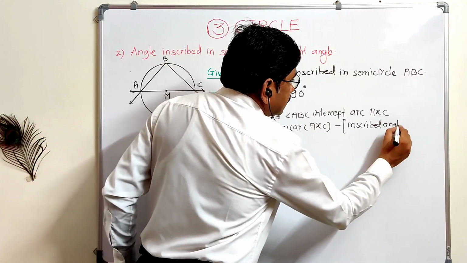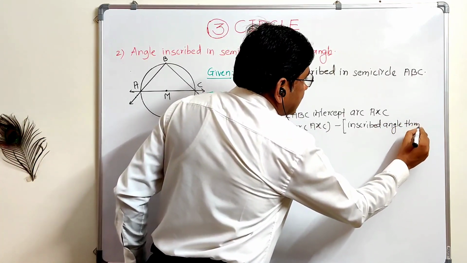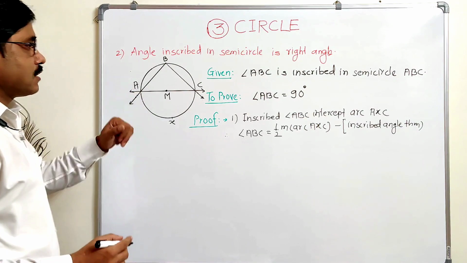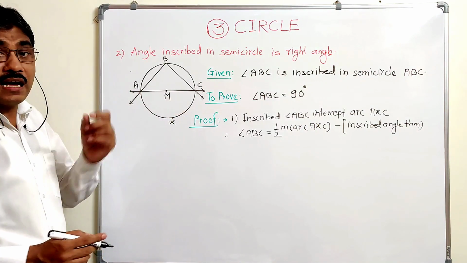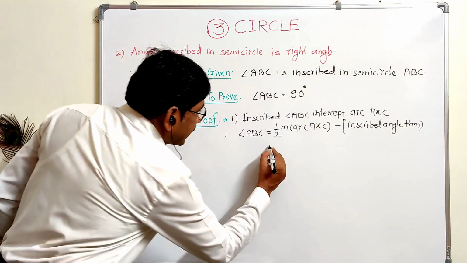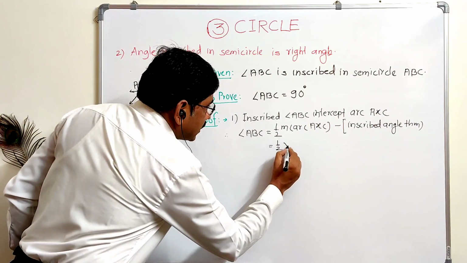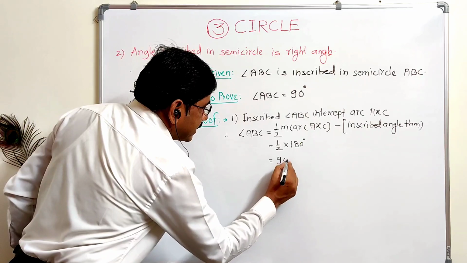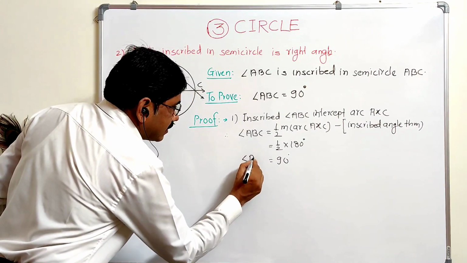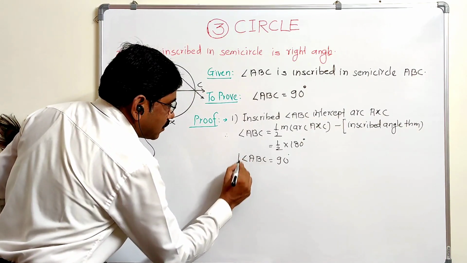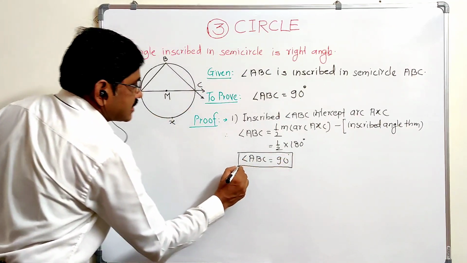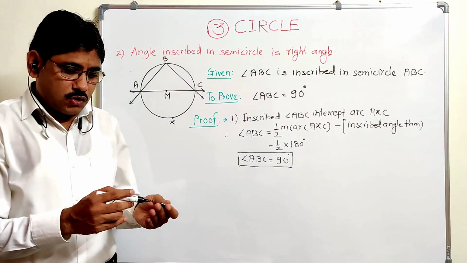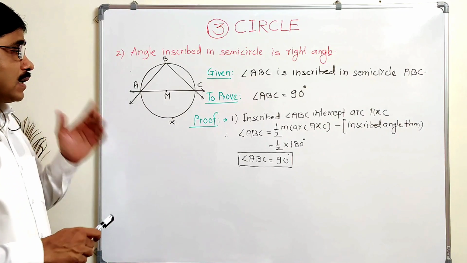So by that theorem, the measure of angle ABC is equal to half AXC, but AXC is a semicircle, therefore we get half into 180 degrees, the measure of a semicircle, so we get 90 degrees, meaning angle ABC is equal to 90 degrees.